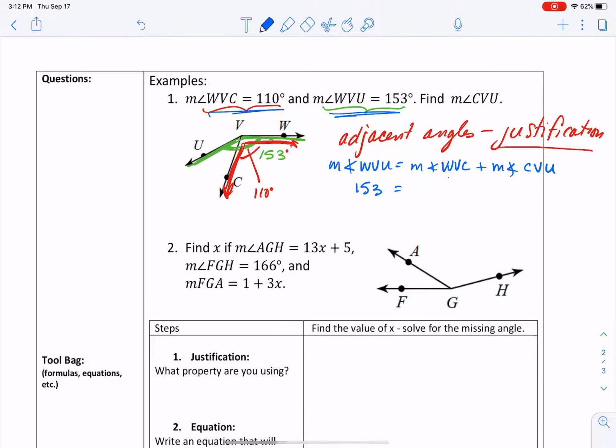WVC is 110. And this is our x. So then we subtract 110 from both sides. And that gives the measure of angle CVU to be 43 degrees.